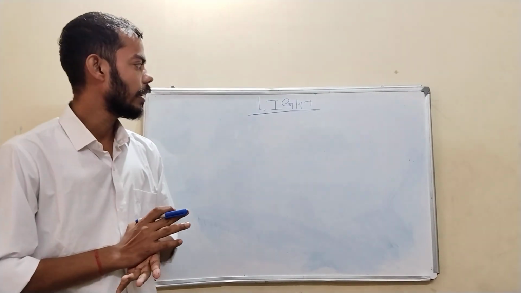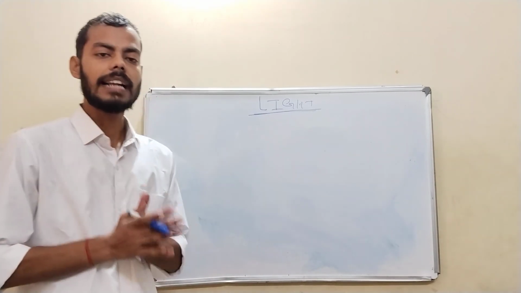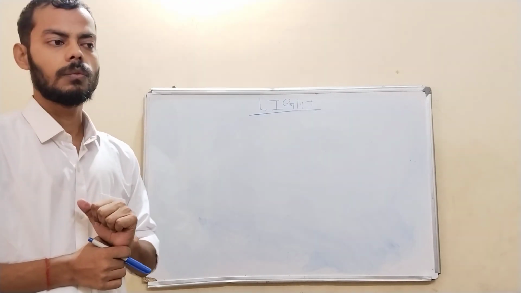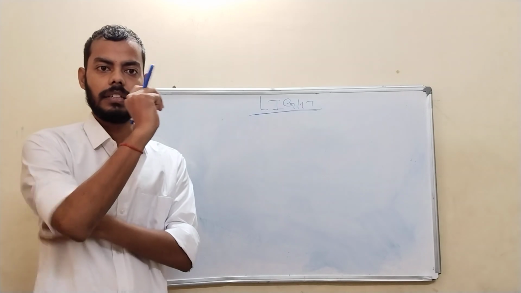Suppose, let's take an example. Whatever we are visualizing around us, that is due to the light. Suppose you are watching a vehicle, what's the core concept behind that visualization?